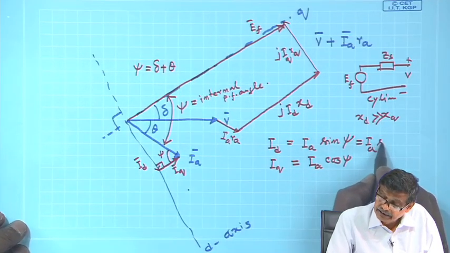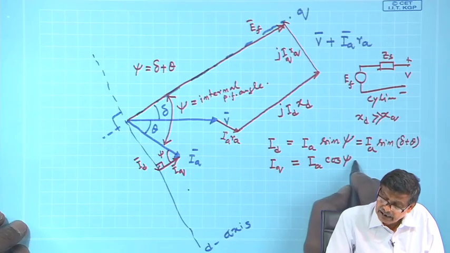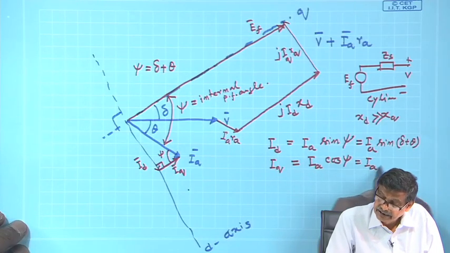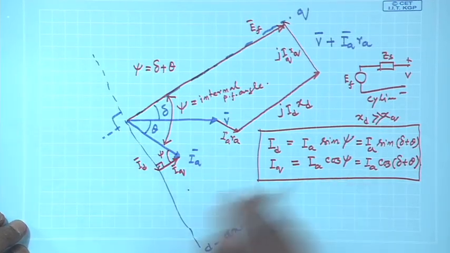So, this can be written as I A sin of delta plus theta, and this can be written as I A cosine of delta plus theta. So, these are the relations we have got.